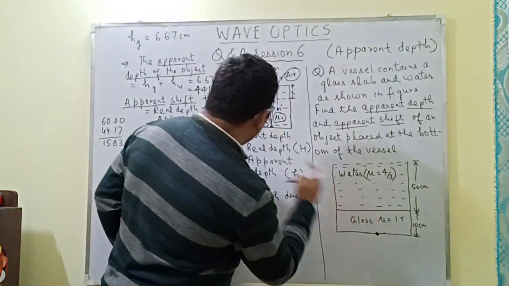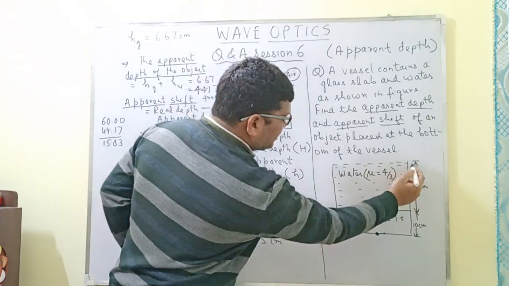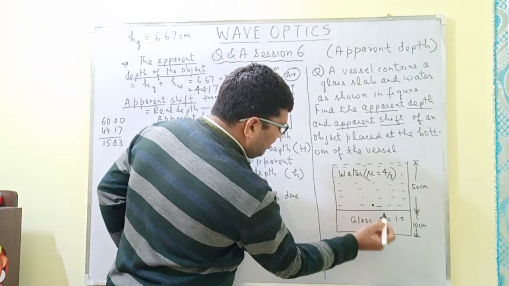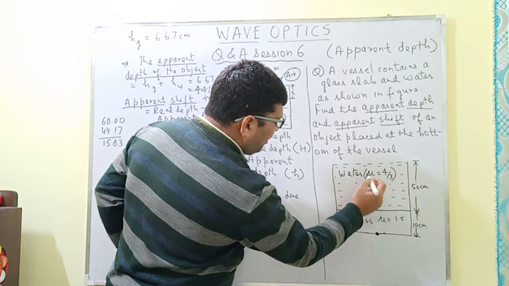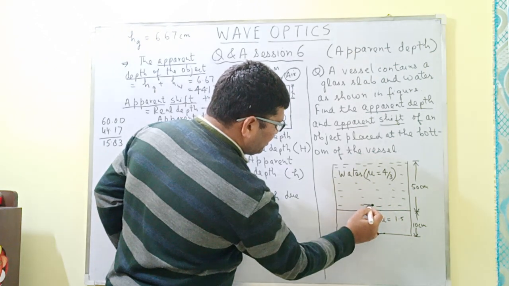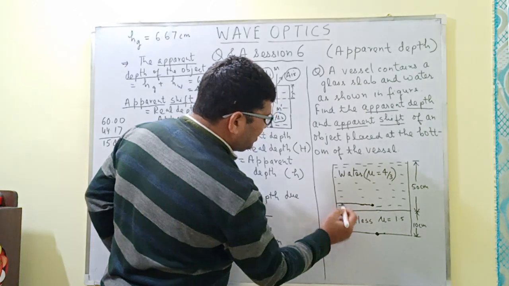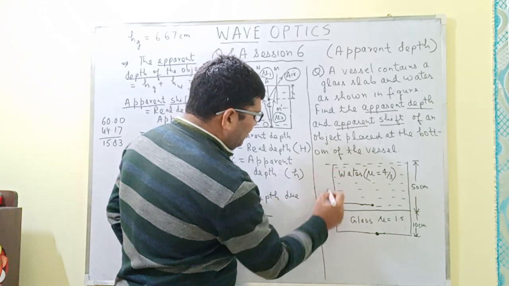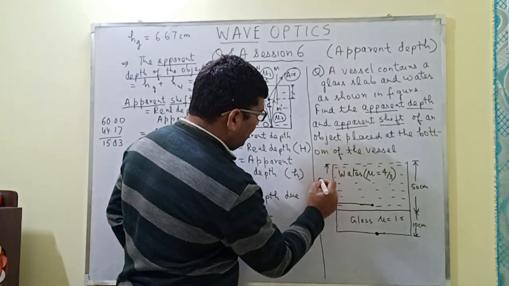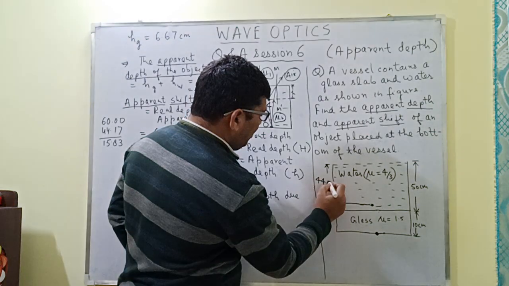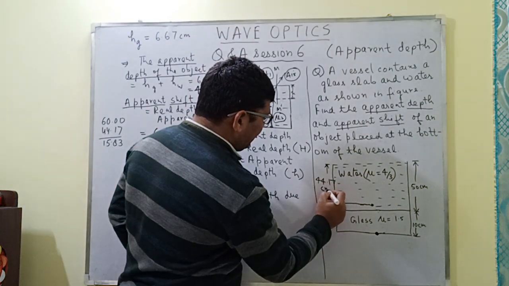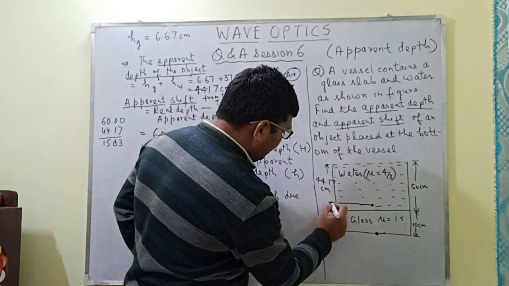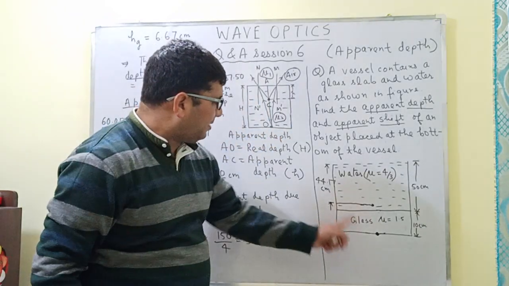So if now this is 44.17 centimeters, the depth of this water is 50 centimeters. So somewhere here he will be perceiving this object. Means he will be perceiving this object in this water medium, and this is equal to 44.17 centimeter, and the shift will be equal to, this is the shift, that is the difference between the real depth and the apparent depth.